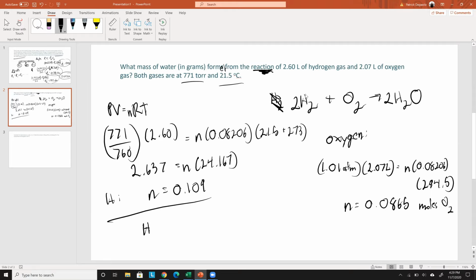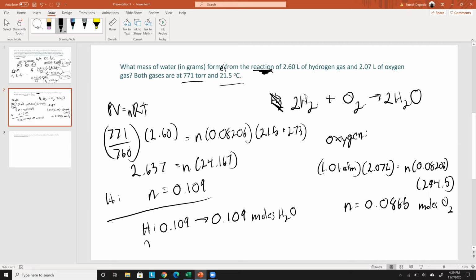So for hydrogen, we know that 0.109 moles, based on our molar ratios, 2 moles of hydrogen gas makes 2 moles of water. So we know it's a 1-to-1 ratio, or 2-to-2. So based on the amount of hydrogen we have here, it's going to make the same amount, 0.109 moles of water.